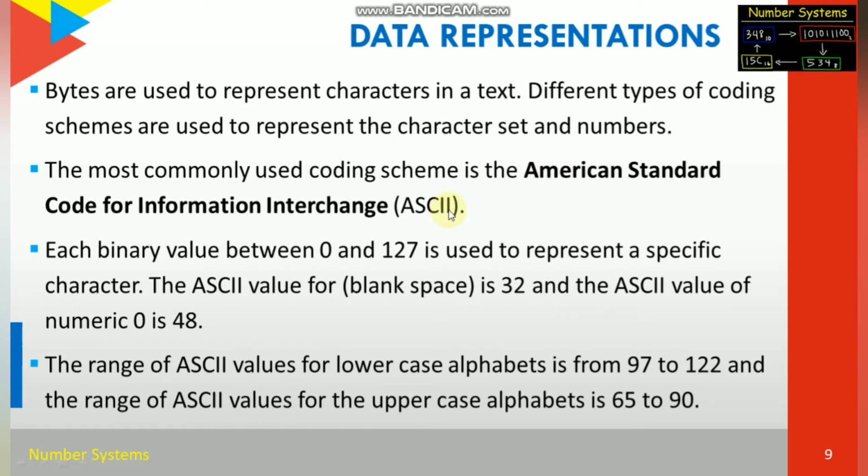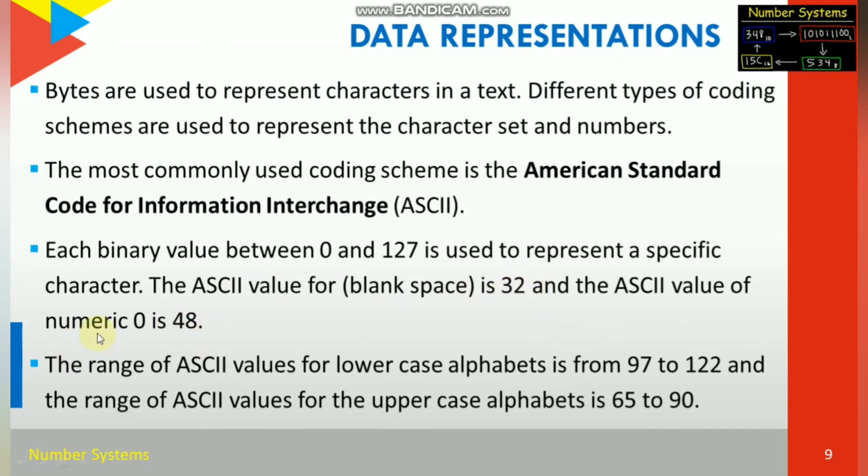They gave a certain value for each and every alphabet, for numbers, as well as for special characters. For example, for a blank space the ASCII value is 32.